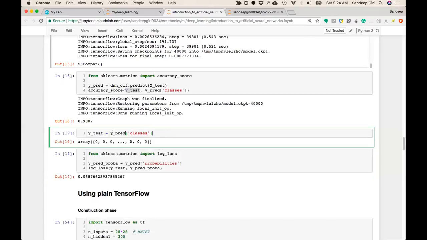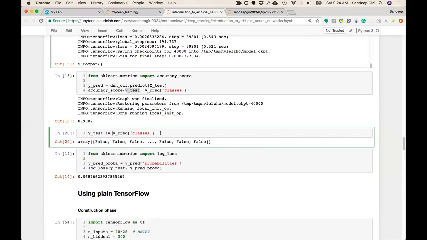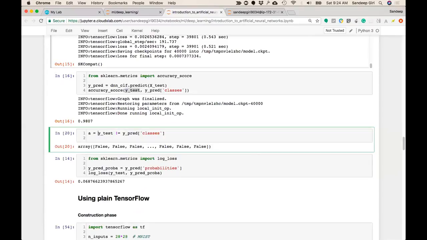We could make an array. A better idea would be to have the index actually.